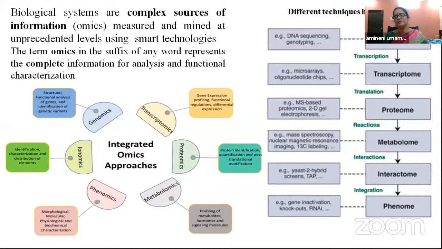With these signaling molecules, there are cell-cell interactions; everything happens with the signaling molecules. Once there is a change in the transcriptome, there is a change in the proteome, and if there is a change in the proteome, the reactants will also change, and finally the interactions.